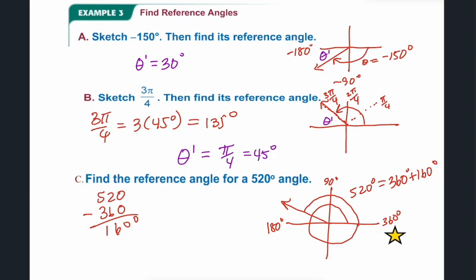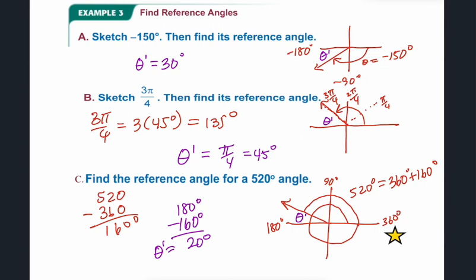This theta prime is how much is left to get to the 180 mark. So it's just 180 minus 160. And then logically, it tells us that our theta prime is 20 degrees. It takes me 20 more degrees to hit the x-axis. So references are always to the x-axis.